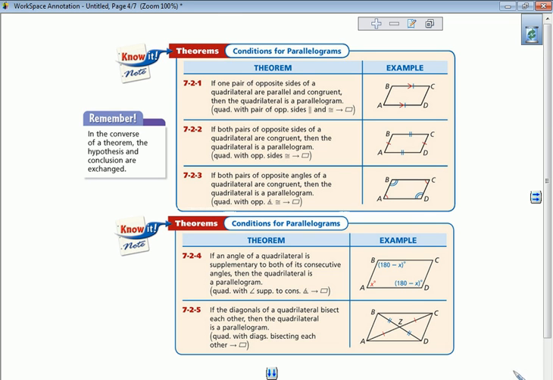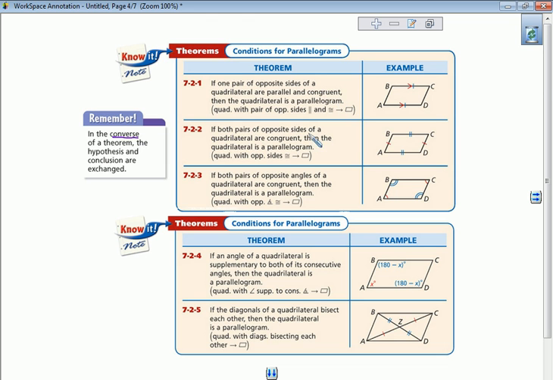Now, in the next section, it's going to take it another step further. So, in the first one, if it's a parallelogram, all this must be true. So, if P, then Q. Now we have our converse of those theorems. So, if we have one pair of opposite sides that are parallel and congruent, then we have a parallelogram.